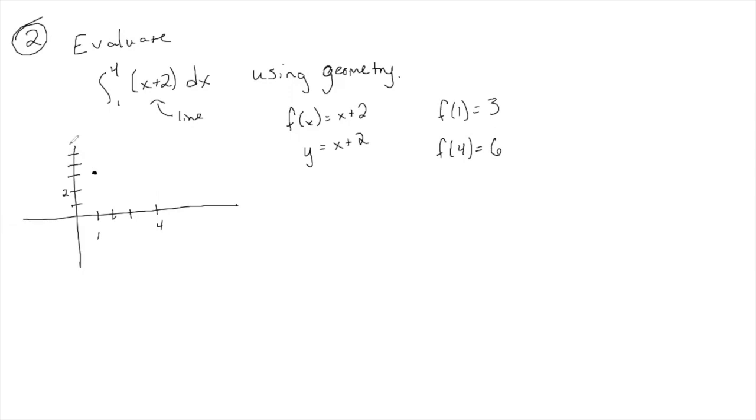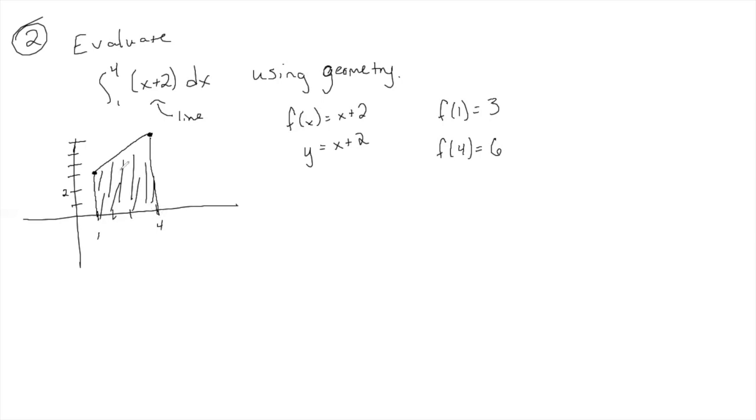So 4, 5, 6. And that's right about there. I connect them. There's my line. Of course, it goes on forever, but I only care about the area underneath it between 1 and 4. So I drop a straight line down, drop a straight line down, and I'm looking for this thing here.